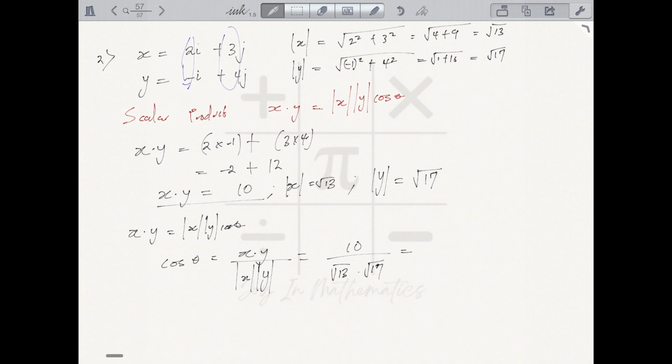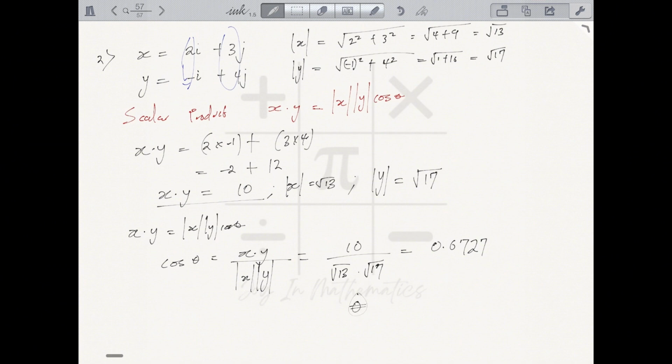Let's use our calculator. We have 10 divided by root 13 multiplied by root 17, and this will give us 0.6727. Now we can evaluate our theta.